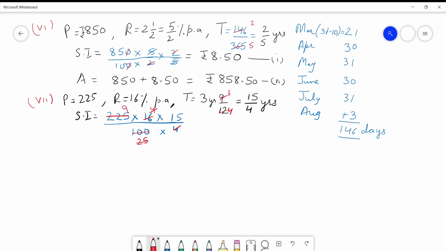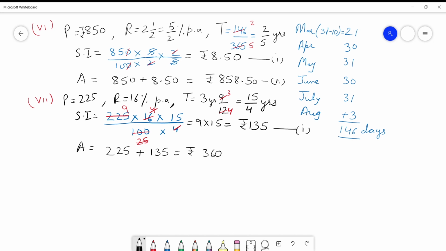So I get 9 and 15. And 9 fifteens are 135. This is my simple interest. And the amount is 225 plus 135. And this will be 360. Hope you get it.